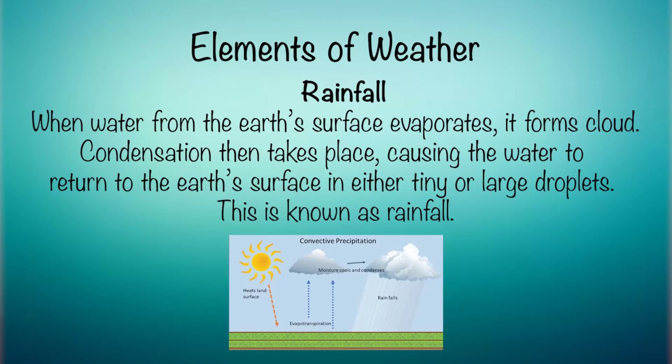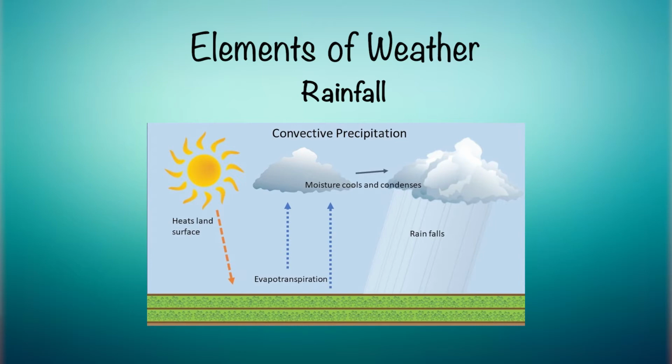Rainfall. When water from the Earth's surface evaporates, it forms clouds. Condensation then takes place. When the water condenses, the clouds are formed. When the clouds become heavy, they burst, and that is referred to as precipitation.